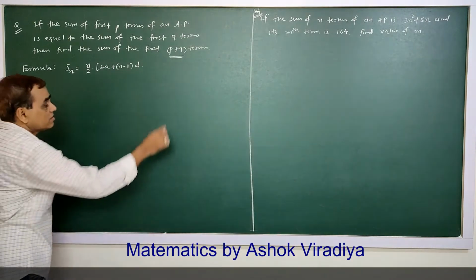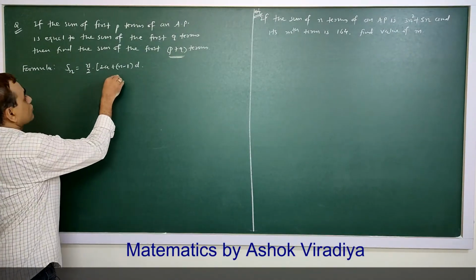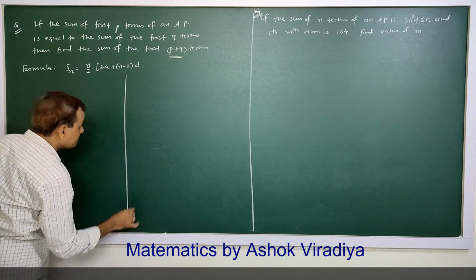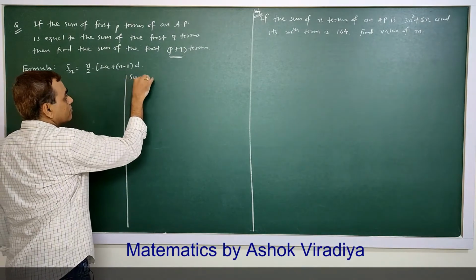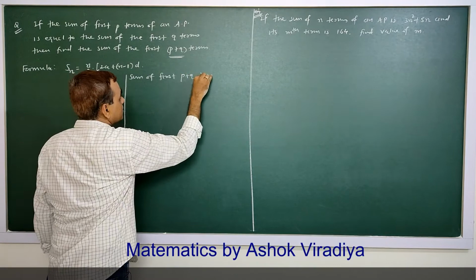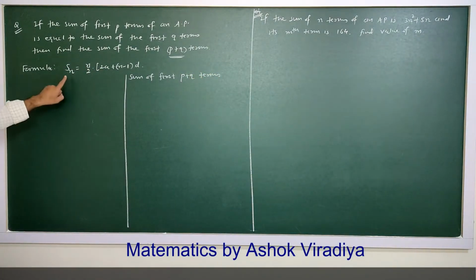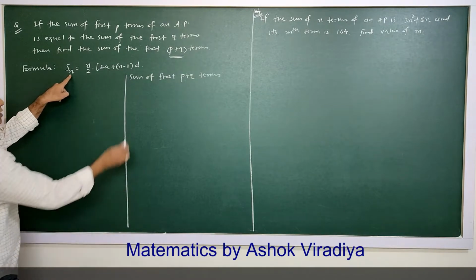Now we want the sum of first p plus q terms. So what I do, here I replace n by p plus q.